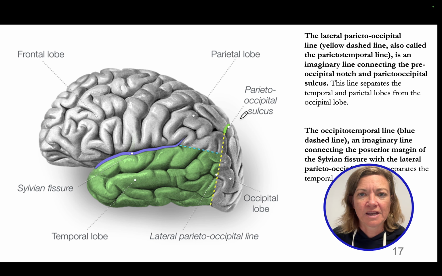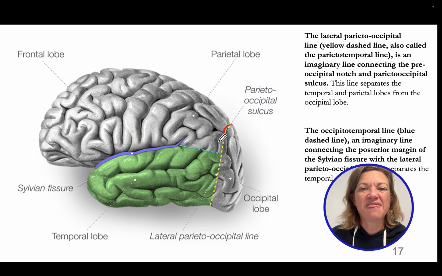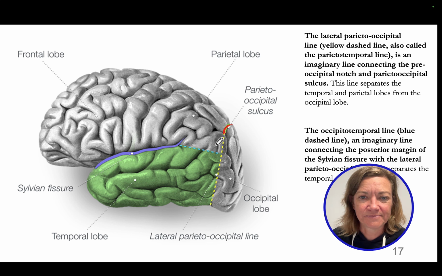Now, here's the parieto-occipital sulcus as you extend it over the lateral surface. And then you have to draw some imaginary lines between sulci. So the first line you draw is the parieto-occipital line. And it goes from the parieto-occipital sulcus to the occipital notch.